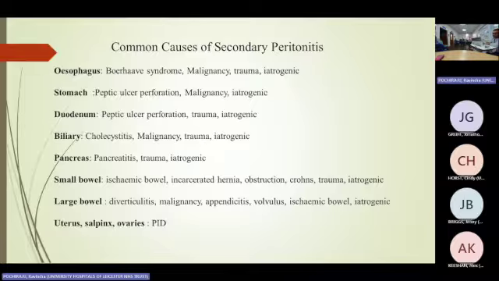And then there is malignancy and trauma. Biliary, so cholangitis, cholecystitis, which can cause ascending infections and affect the liver, causing abscesses. Pancreas, again, pancreatitis is quite common, and it can cause problems if it becomes severe and causes collections in the abdomen. Small bowel and large bowel, basically malignancy, perforations, anastomotic leak, gut ischemia, they are the common ones.